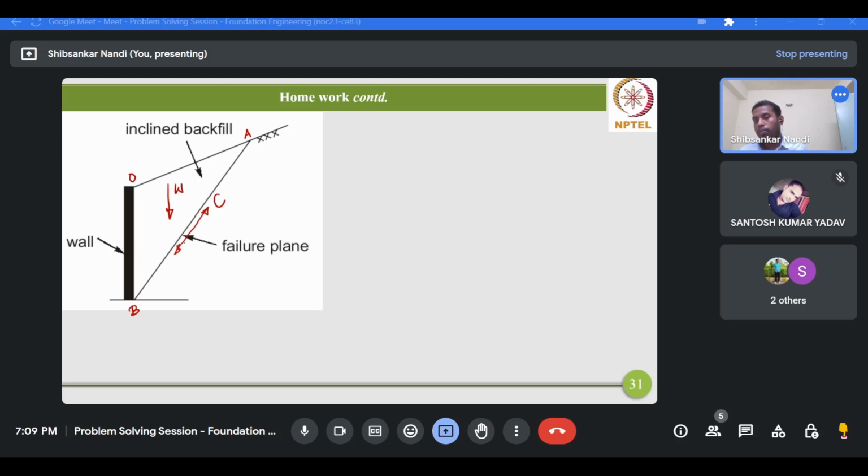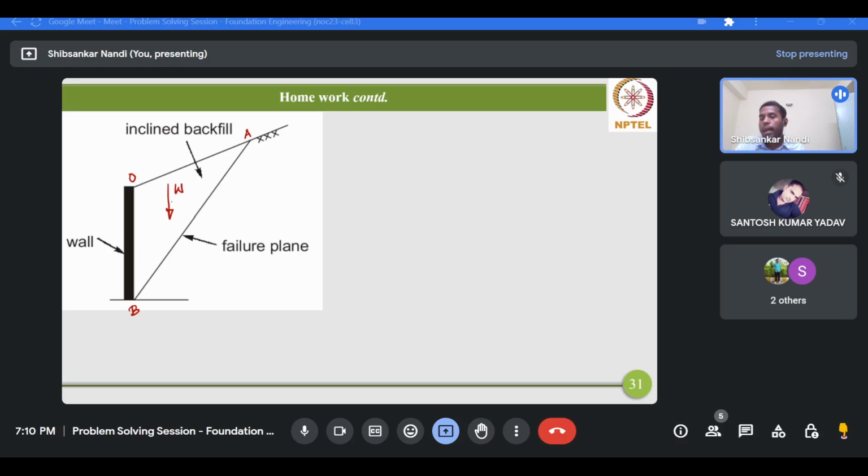Now that will depend on the condition we are considering. So whether we are considering the active condition or the passive condition, depending on that, the direction of this cohesive force will change. Why? Because depending on the condition, the movement of this wedge will vary. If you consider active condition, in which direction will this wedge move? And if you consider passive condition, in which direction will this wedge move?